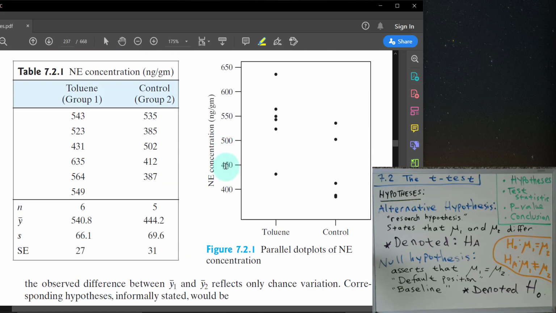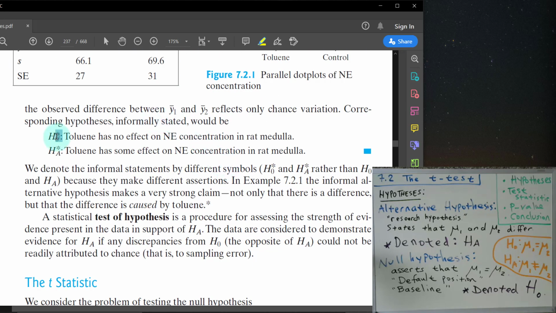So scrolling down here, they state their hypotheses in a more written format and not with symbols, and they explain a little bit here about that.